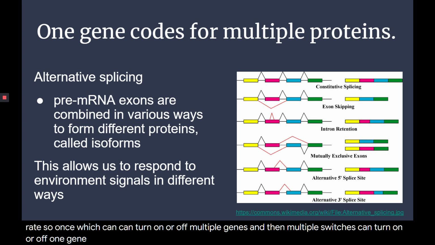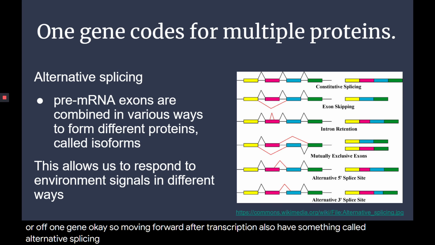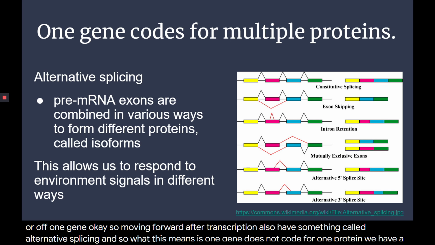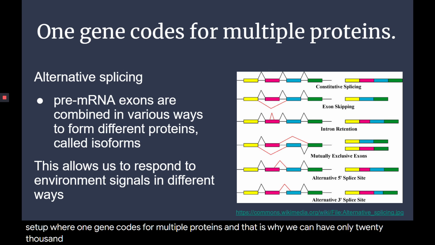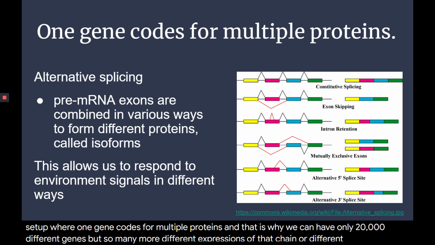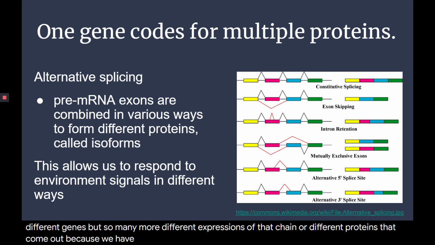Okay, so moving forward, after transcription we also have something called alternative splicing. What this means is one gene does not code for one protein. We have a setup where one gene codes for multiple proteins, and that is why we can have only 20,000 different genes, but so many more different proteins that come out, because we have alternative splicing.